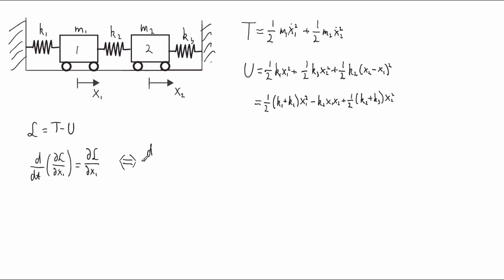We then get, just by taking the derivatives of T and U with respect to x1 dot and x1, this result. And then we'll do the same thing for x2.